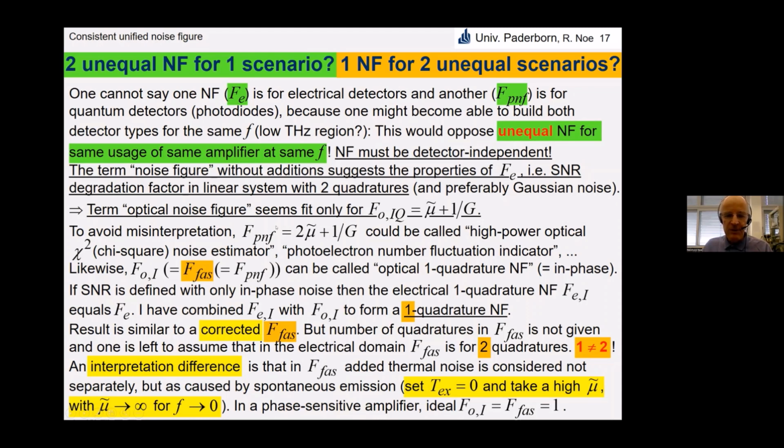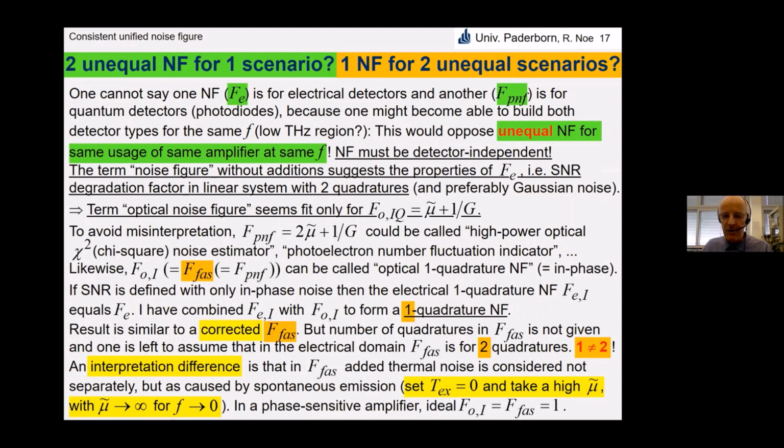To avoid misinterpretation, the earlier noise figure could be called a high power optical chi-squared noise estimator or similar, or photon number fluctuation indicator or similar. It shouldn't be called a noise figure, because if it is a noise figure, then by definition, any amplifier with 20 dB gain has 40 dB gain and other nonsense.